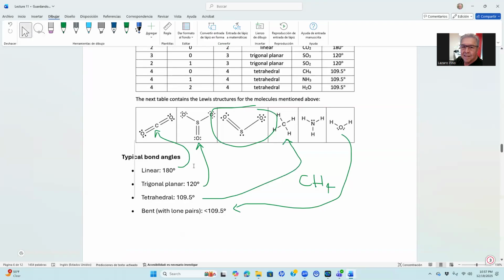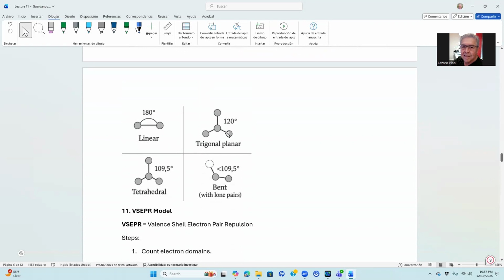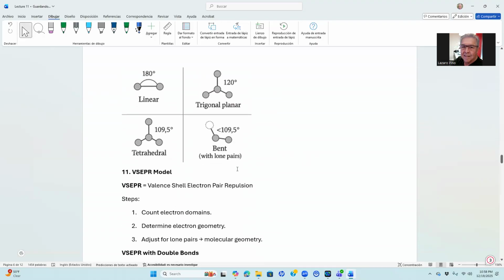Let's continue. Here you have the different angles. And let's speak a little more about the theory that explains the geometry of the molecules.